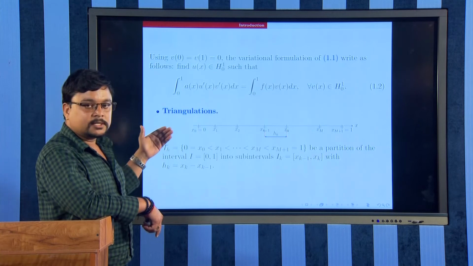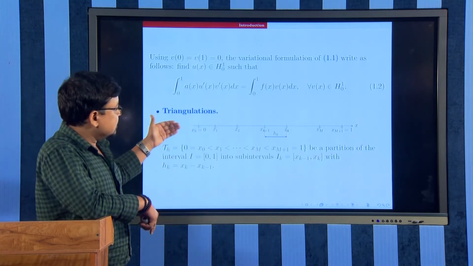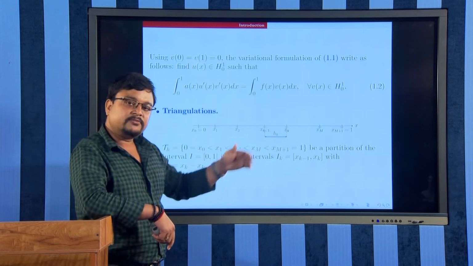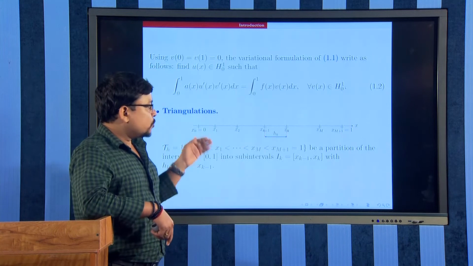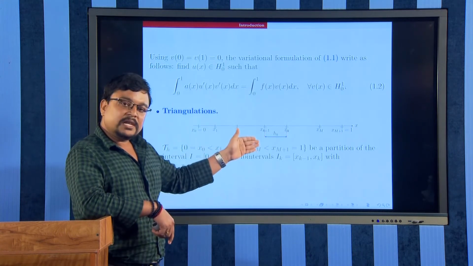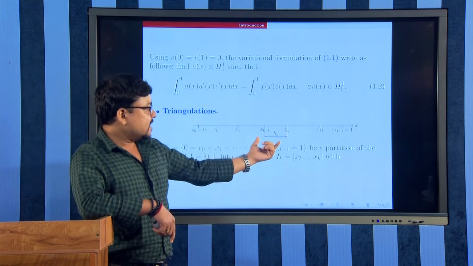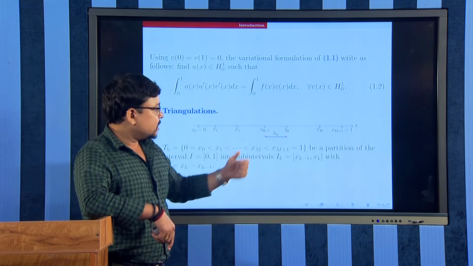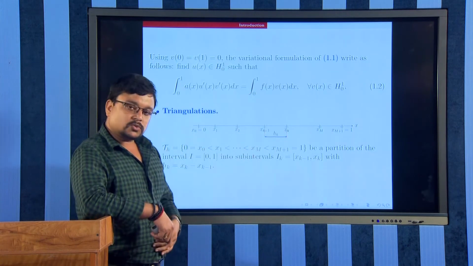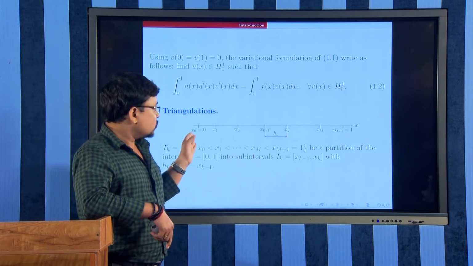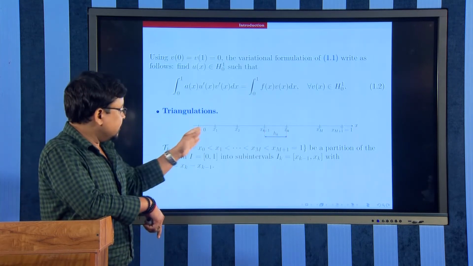Next we do the triangulation part. The whole interval (0,1) we will discretize by taking some points with equal length, suppose h_k. For the k-th interval, we will take the distance h_k from x_k to x_{k+1}, and in total we are taking m+1 points in the given interval.